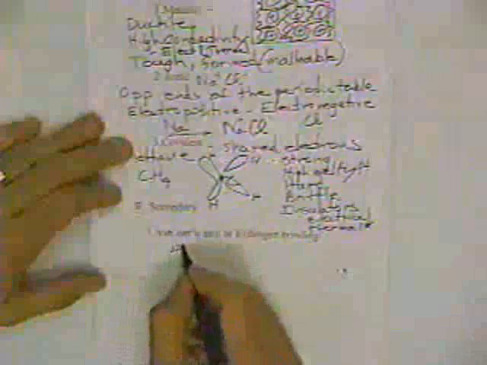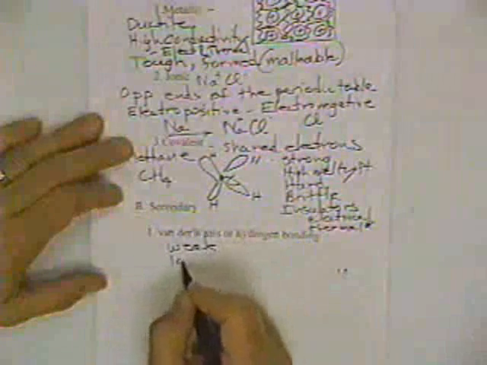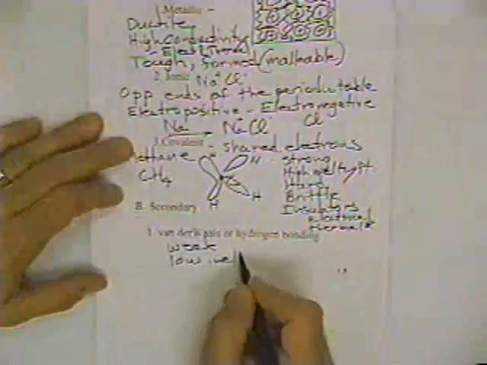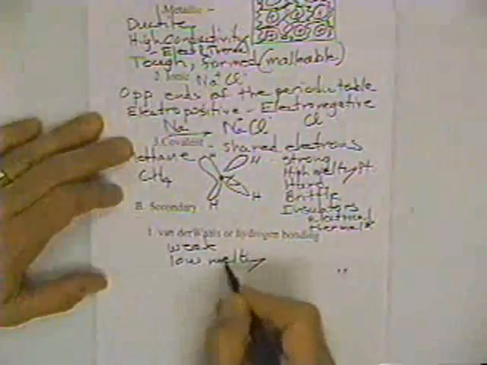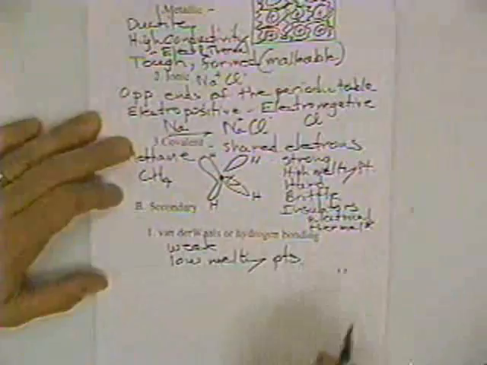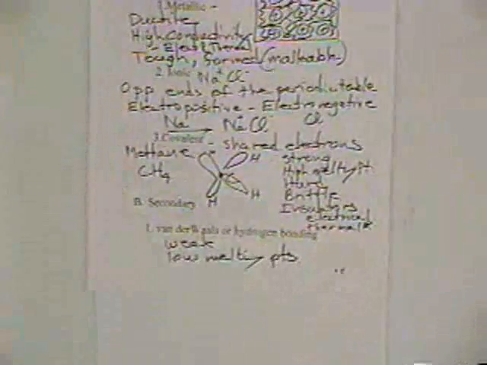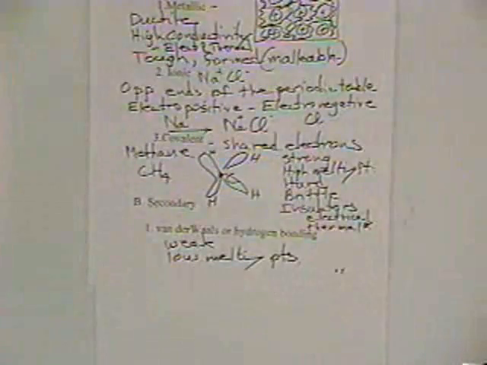The final type of bonding would be secondary bonding. The van der Waals bond is weak, with low melting points. In fact, the rare gases, argon, neon, which become liquids at very low temperatures, are held together with van der Waals forces.